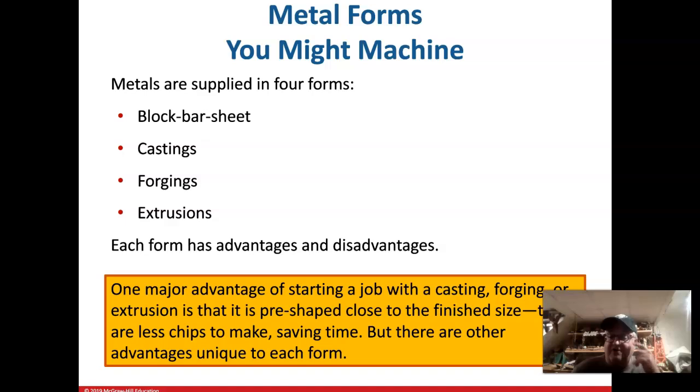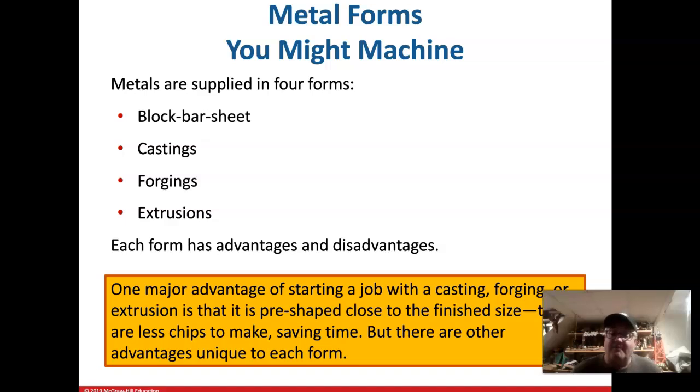So for example, if I wanted some 4140, which is a pretty common alloy that's used a lot, I can get that in square or rectangular bar. I can get that in round bar. I can get that in big, gigantic plate, which I assume is what they're referring to when they say block in this textbook. Or I might get that in sheet goods as well, which would generally be thinner than plate.